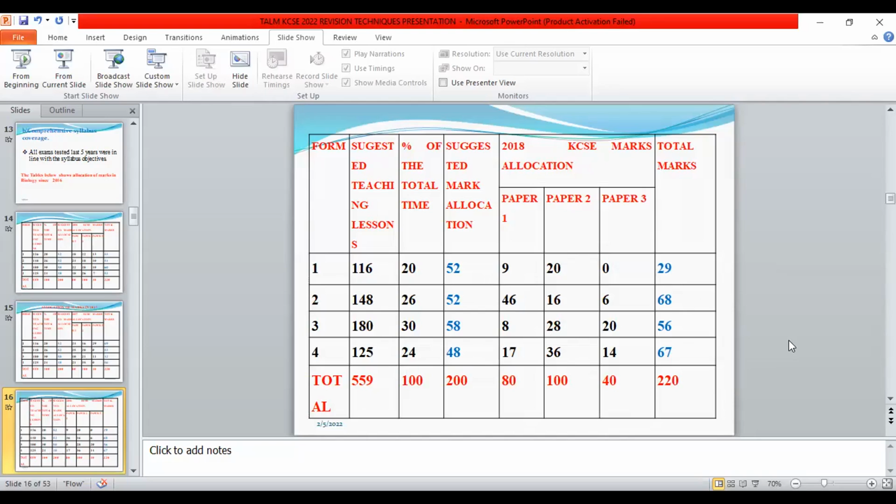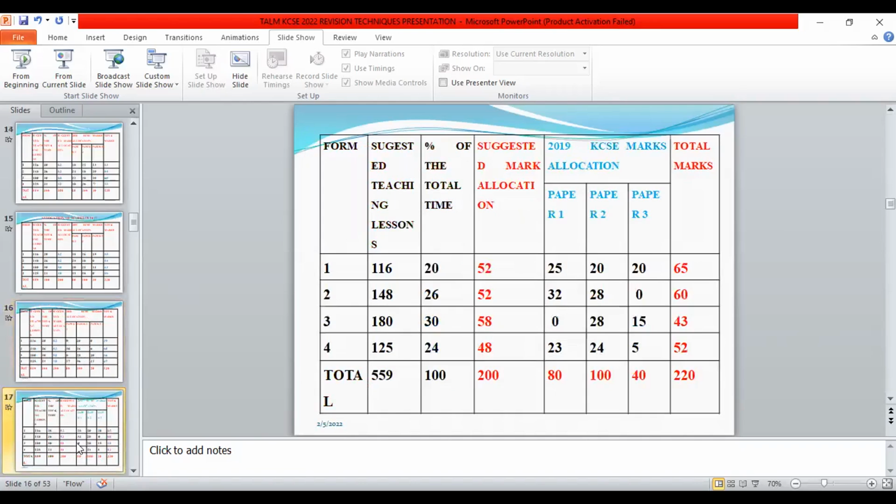Then any candidate who had not mastered Form 2 work was also disadvantaged. We moved to 2019. In 2019, we have Form 1 work was taking 65 marks, Form 2 work 60, Form 3 43, Form 4 52. So you can see a lot of emphasis this time was on Form 1, Form 2 work.